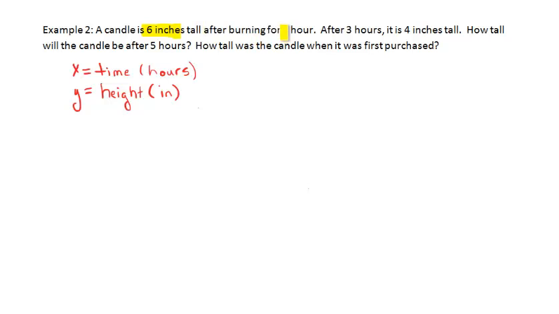So if I go back up to my original problem, I have a candle that is 6 inches tall after 1 hour. That's going to give me the ordered pair 1, 6. If I take a look at my next part, after 3 hours, it's 4 inches tall. That's going to give me the ordered pair 3, 4.